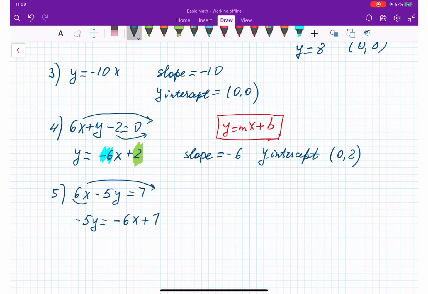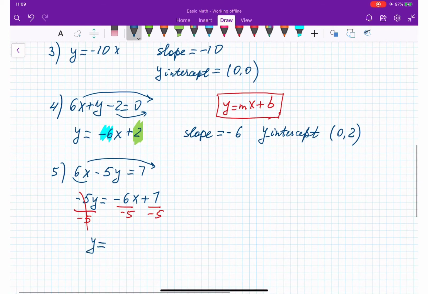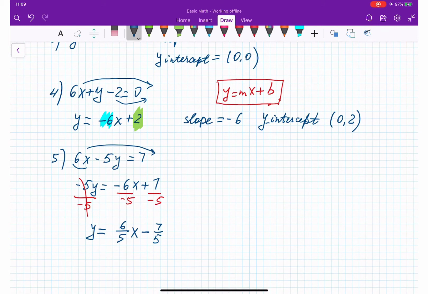Okay, dividing by negative 5, because we need y by itself, and we are getting y is equal positive 6 over 5x and minus 7 over 5. Okay, so our slope is going to be 6 over 5, and our intercept is going to be negative 7 over 5.